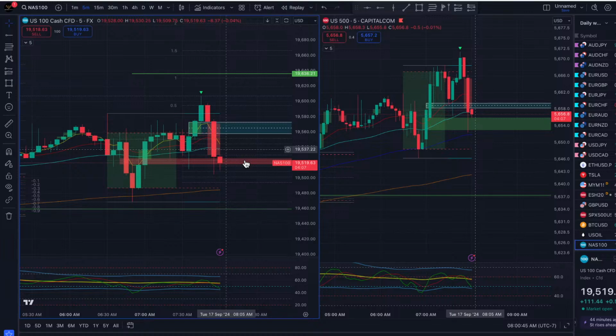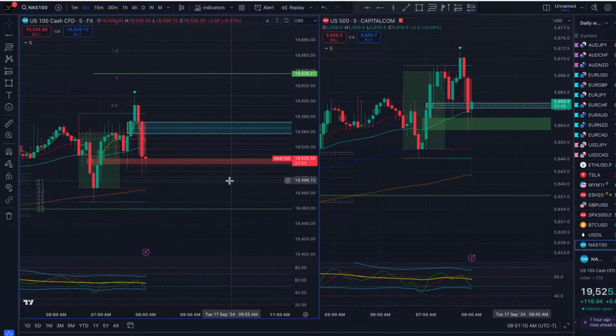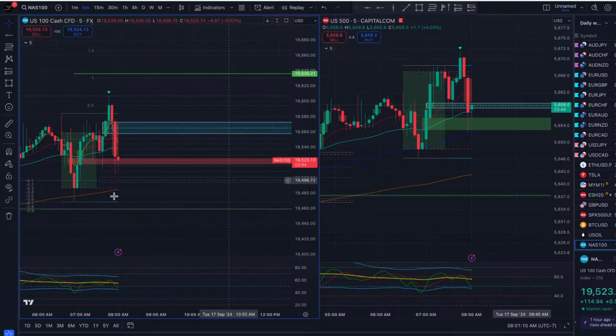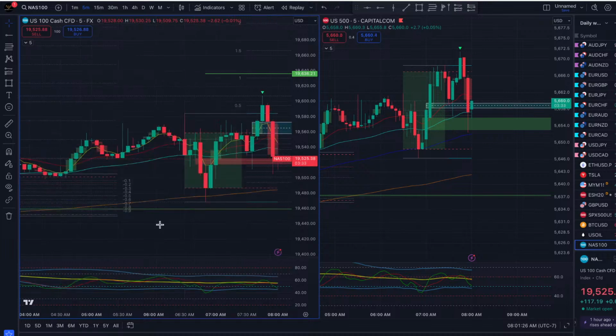We're still above the 238, so we are still bullish. We have a green box, green confirmation, bullish confirmation. This is a deep retracement. We're getting some rejection. Still nothing on the smaller time frame.